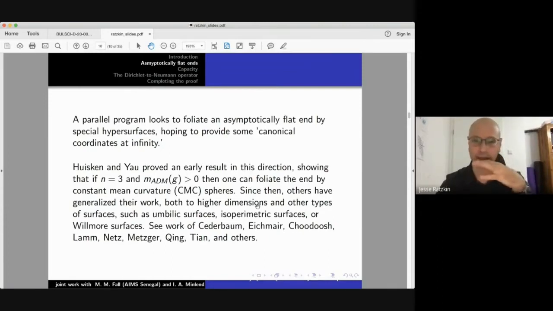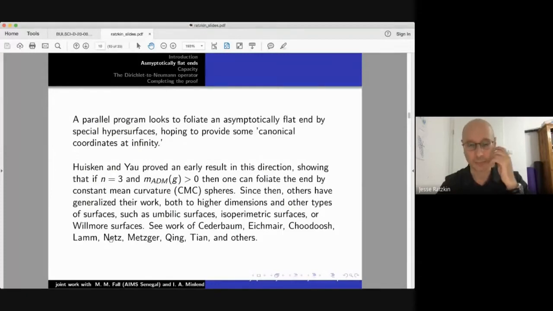Since then, there have been a number of generalizations. You can generalize some of their work to higher dimensions in certain cases. You can foliate with other kinds of surfaces: umbilic surfaces, isoperimetric surfaces, Willmore surfaces, and so on. There's a large collection of papers related to this. Carla Cederbaum has a number of results in this direction.